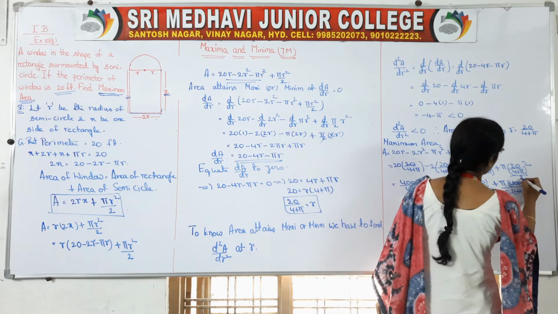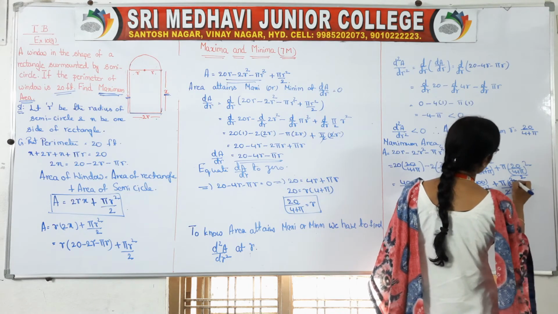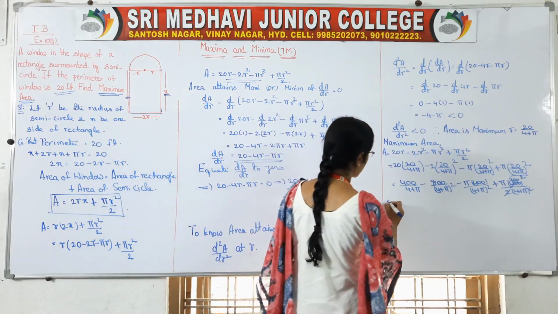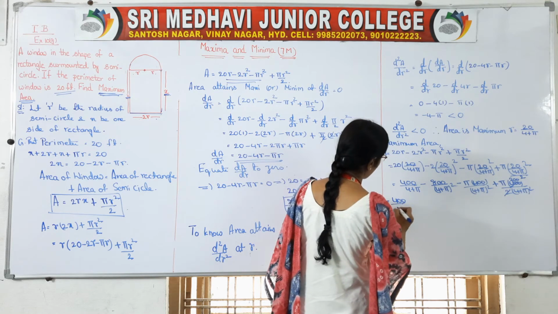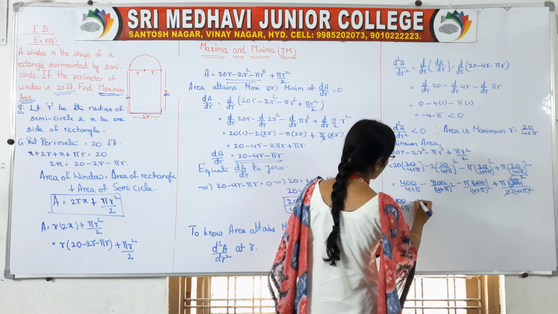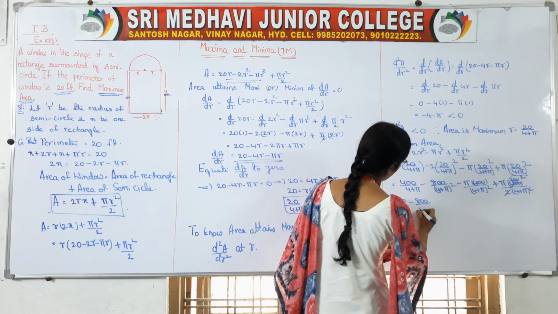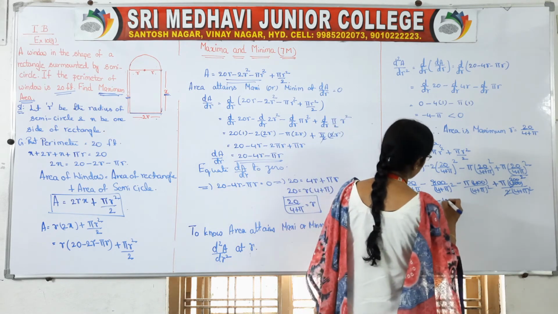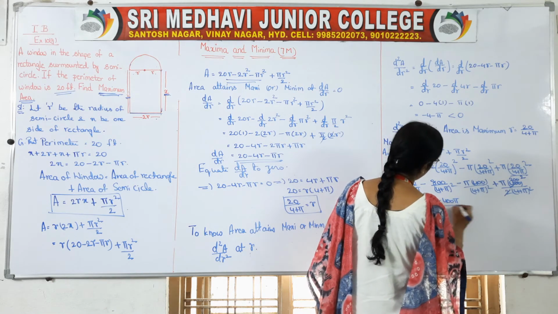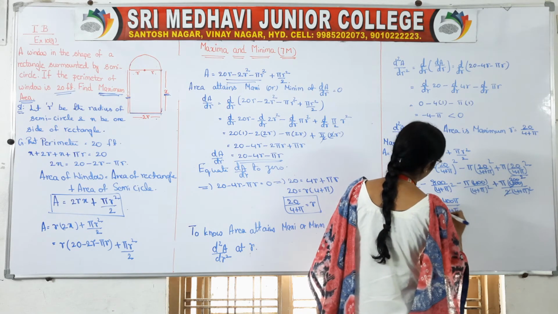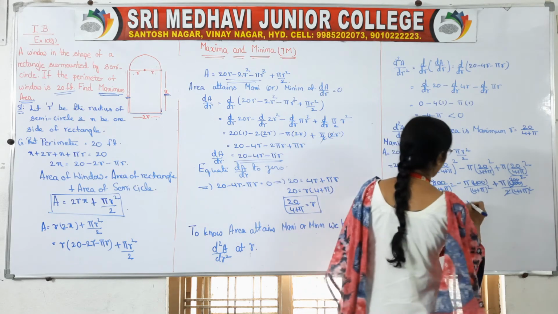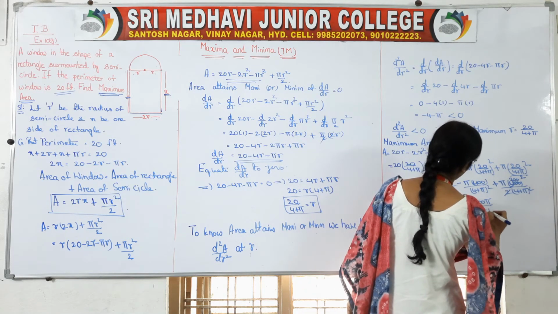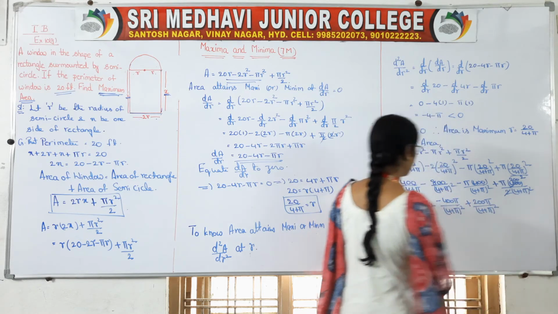Okay, so this is equal to 400 by 4 plus pi minus 800 by 4 plus pi whole square, minus 400 pi by 4 plus pi whole square, plus 200 pi by 4 plus pi whole square.